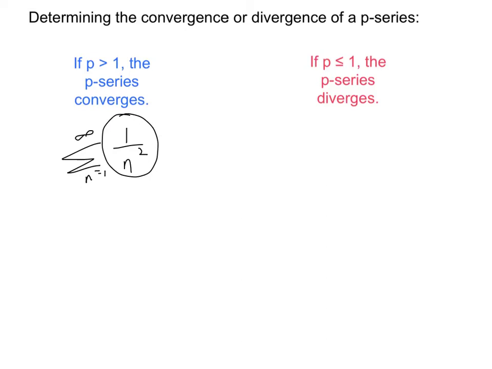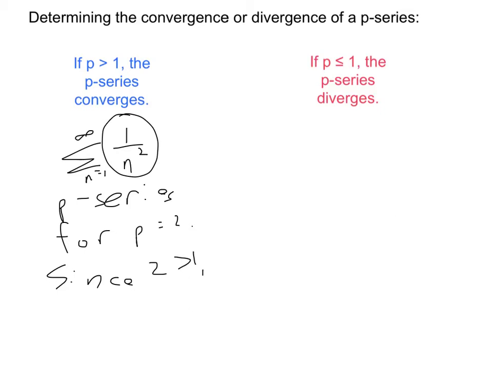This is a p-series for p equals 2, right? Now, since 2 is greater than 1, this converges. And we say this converges as a p-series. And we're done. That's the end of the problem, right?